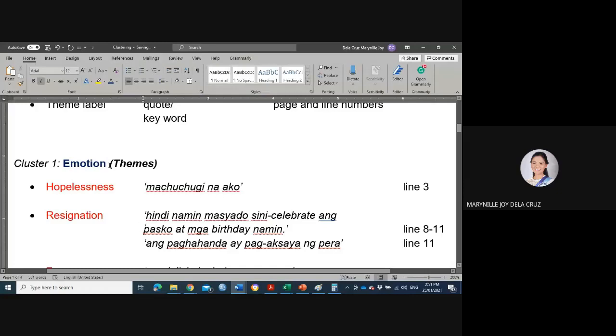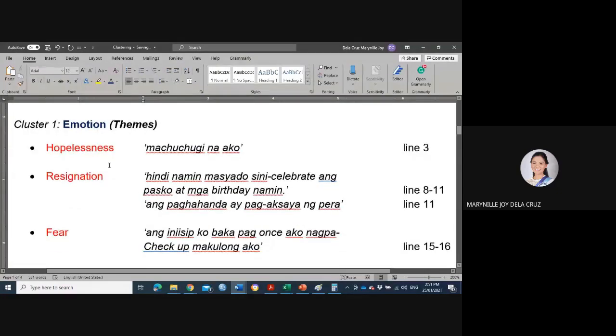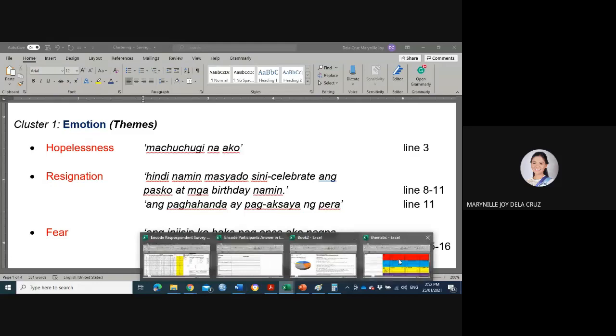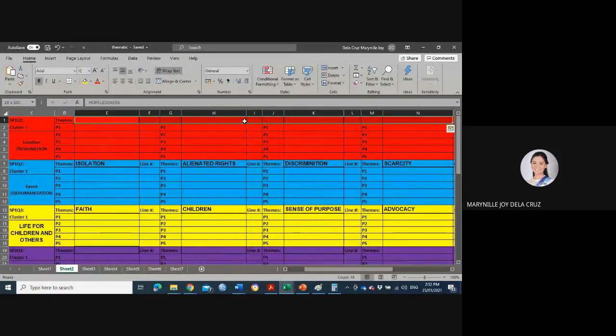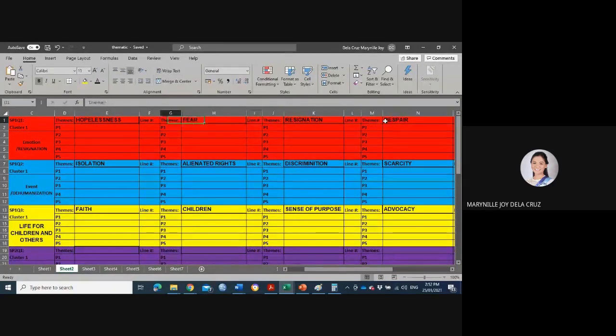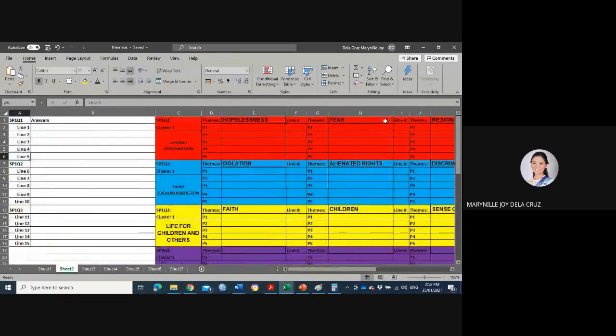So, once you created a theme, ang itsura niya, ito na ang group mo: emotion, hopelessness, resignation, and fear. So, what will happen? It will look like this. Fear, resignation, despair. Now, here is your theme.